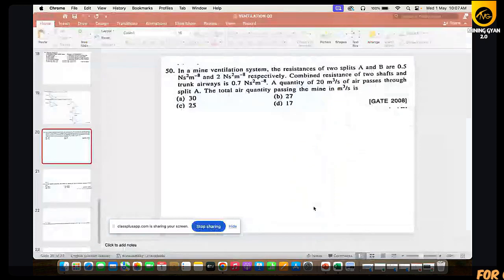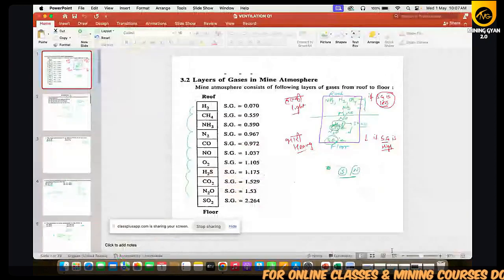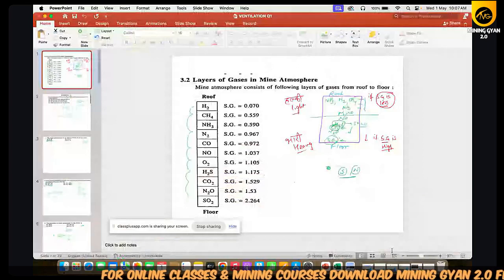So yesterday we were discussing a few questions. We started from the layer of the gases, and we discussed which gas you will find near the roof and which gas you may find near the floor.